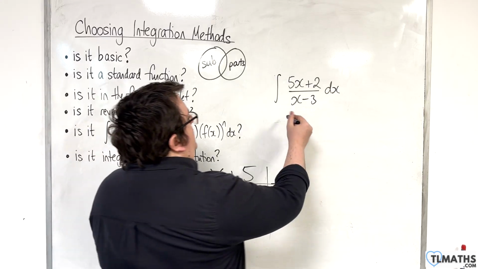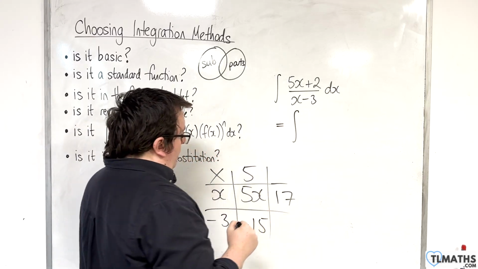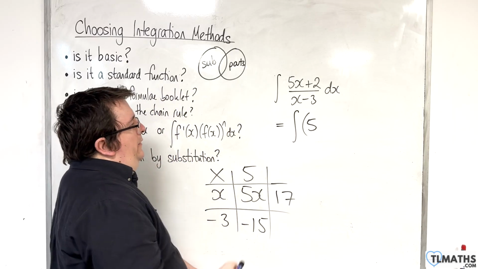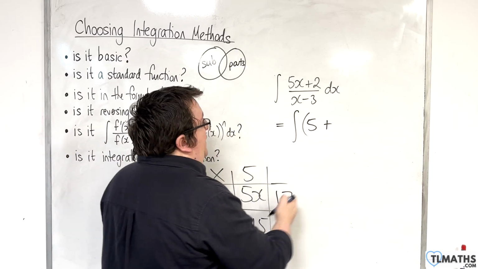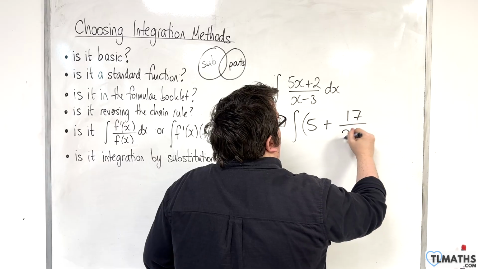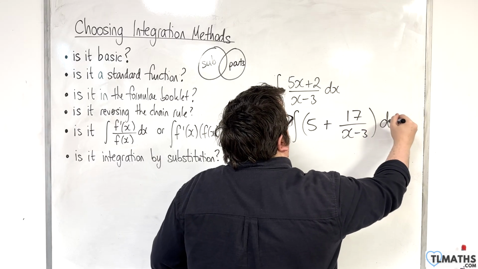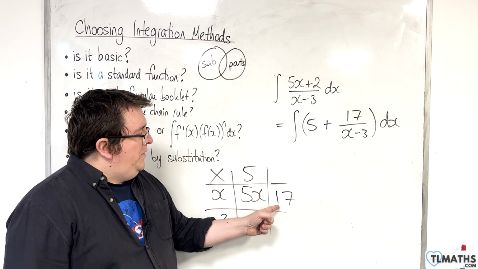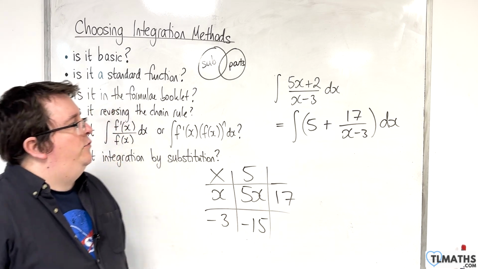So I can write this integral as 5 plus 17 over x take away 3 dx. So this is the remainder, the bit that wouldn't divide by x take away 3.